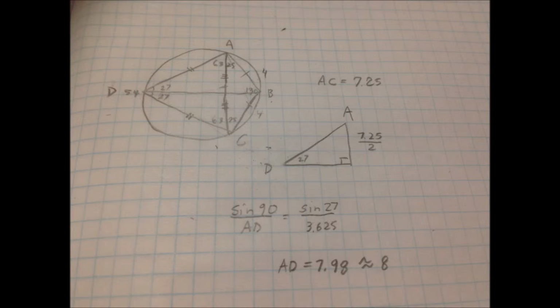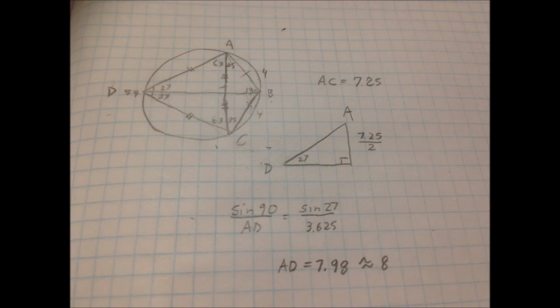And this was the part where I mainly made that huge mistake that cost me 4 points, because I could not assume that the altitude that would hit AC and would divide AC into equal lengths would also hit point D as well.